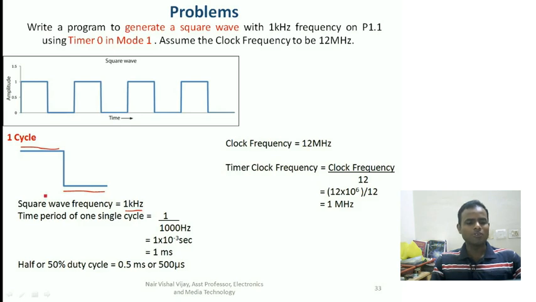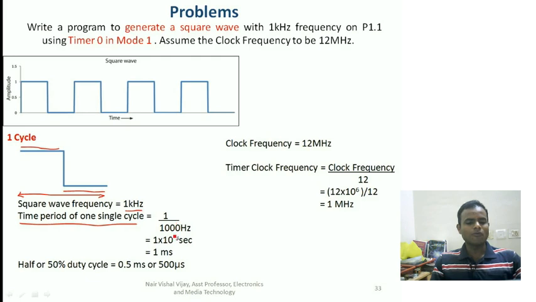Now that is what we need to find out, and we can easily find it out by using this formula. The time period of one single cycle is nothing but 1 divided by your frequency. As you know, frequency is always the inverse of time. 1 divided by the frequency, that's 1000 hertz, gives you an answer of 1 millisecond.